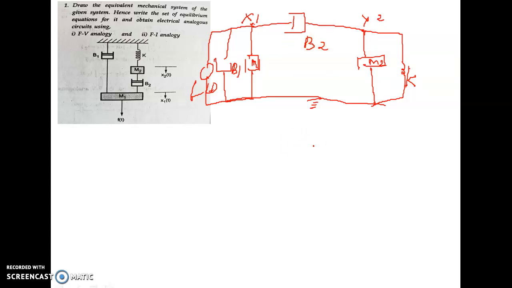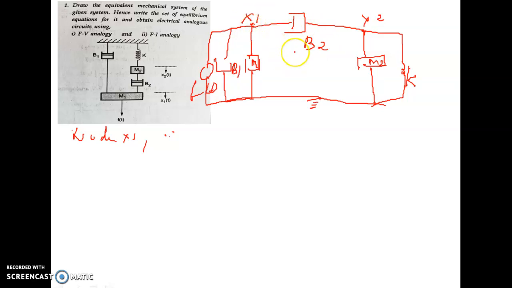Now let us write the mechanical differential equations, the equilibrium equations for the given problem. Let me take the node x1. For node x1, we have the mass m1, damper b1, and b2 connected to x1.